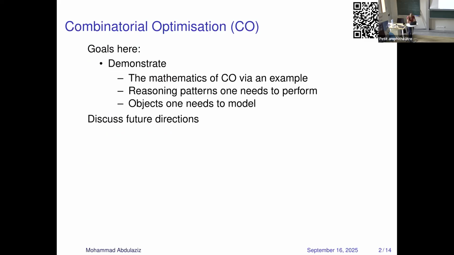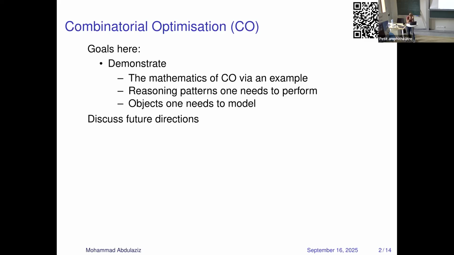Okay, so what is the goal of this talk? I want to go a little deep into the mathematics with you, just to give you a feel of what kind of arguments you need to formalize when you're doing combinatorial optimization. So what are the reasoning patterns, and what are the possible outcomes of such a formalization project from a mathematical perspective, and also from a library design perspective, if you want to start a combinatorial optimization library in your own proof assistant.